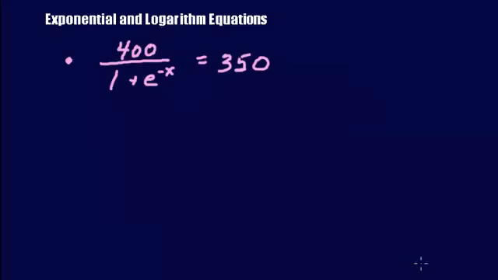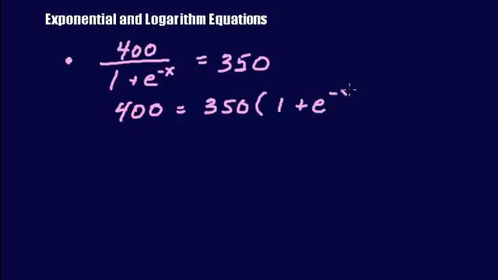Here's another one that might look a little bit different, but once you get into solving it, it's going to be very similar to the others. I will get this denominator over onto the other side by multiplying both sides by that denominator, in which case I'll get 400 equals 350 times 1 plus e to the negative x.